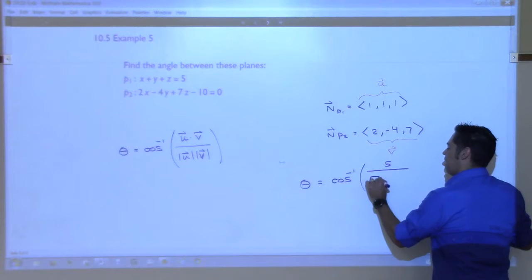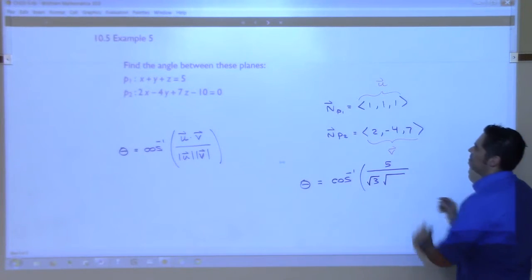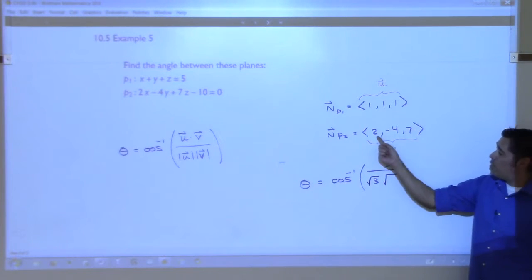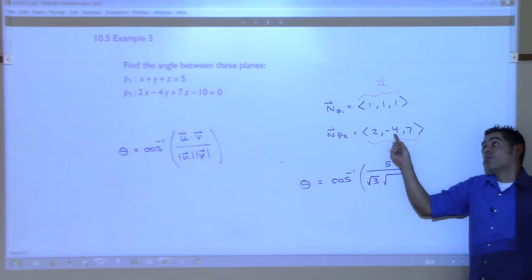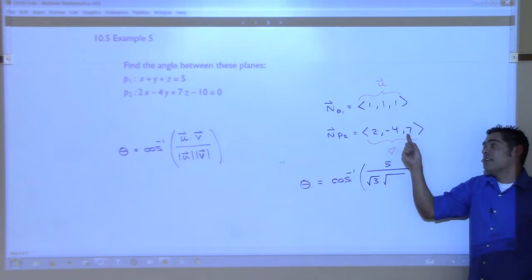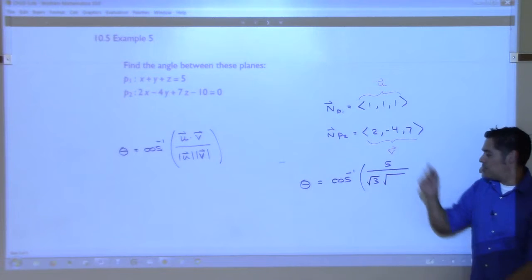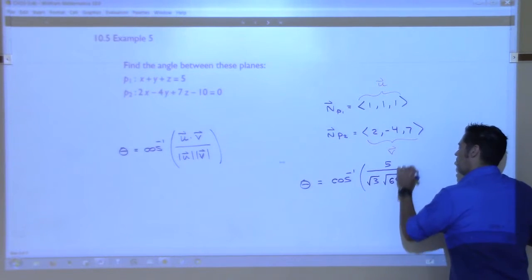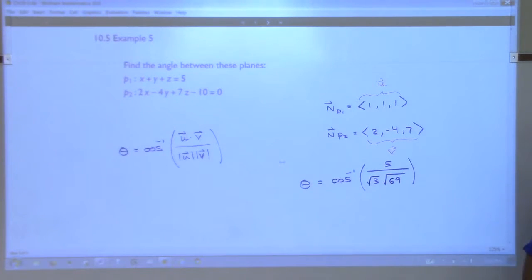So root 3, and then let's see, square each of these and add them up. So 4 plus 16, 20, and then 49, so 69. So root 69. And now it's calculator time.